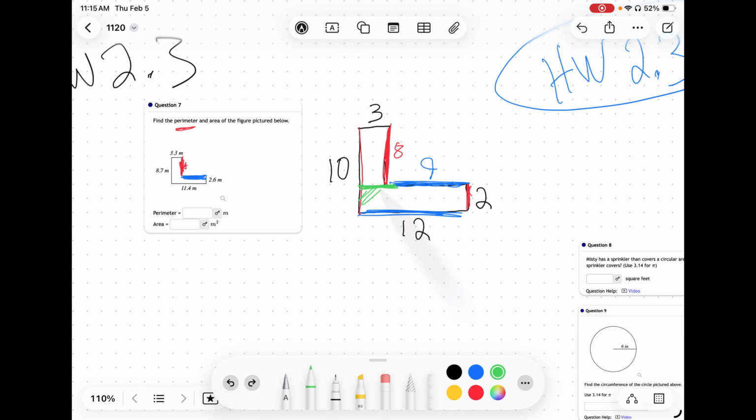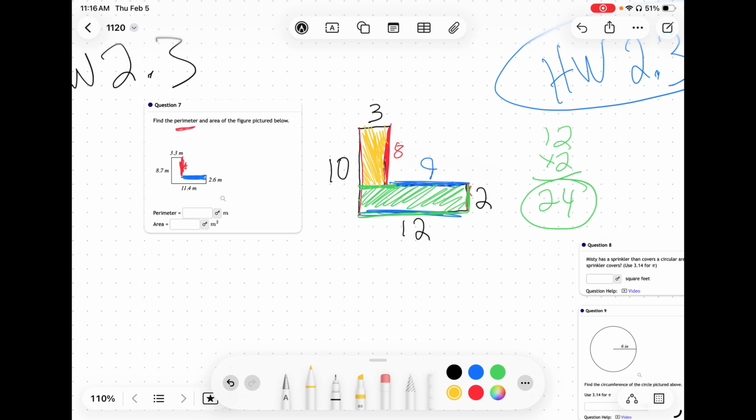Now to get the area down here that I'm going to shade in green, I need to know the base times the height. And here the entire base is 12, my height is 2. So 12 times 2 is 24. The area of that green spot is 24. Now I need to find the area of this yellow section.